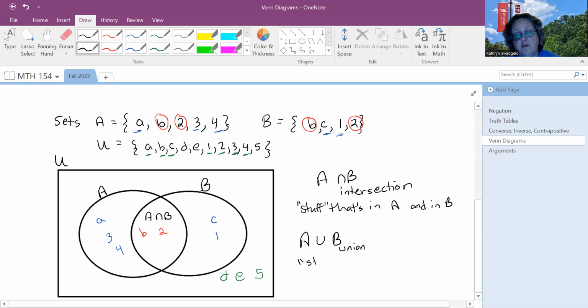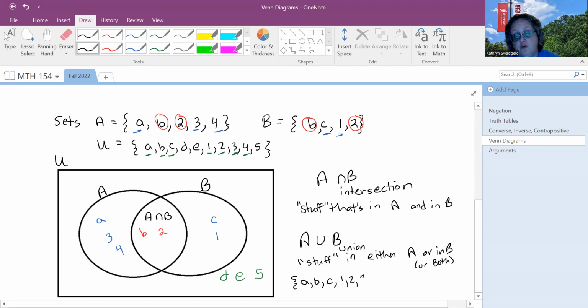So this stuff that's in either A or in B, or both. We're using inclusive, so we could list the stuff that's in both. A, B, C, D and E are not in them.